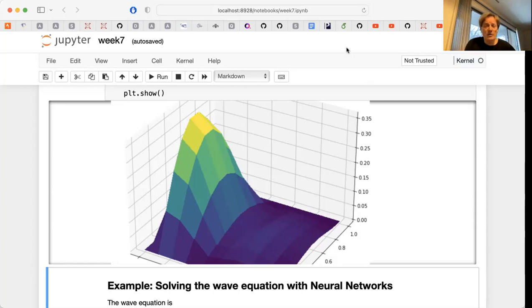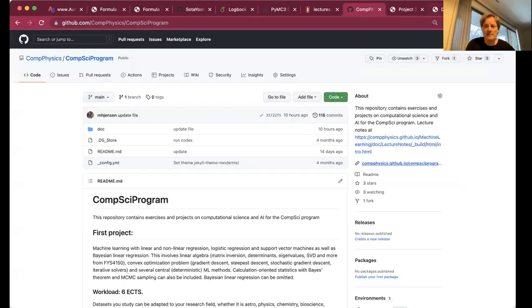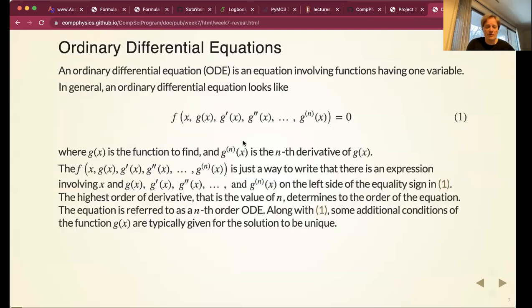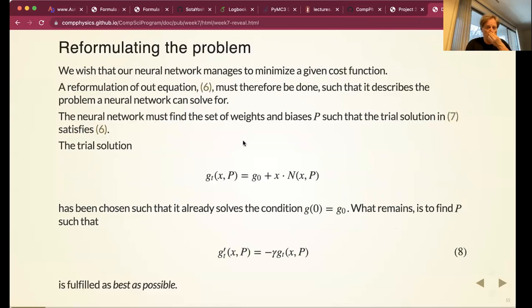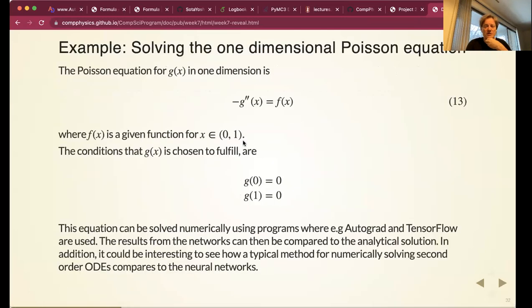So what I'm going to do now is just to switch back a little bit to my slides, and then we are going to look at the basics of a convolutional neural network. So let's just bring up the slides here. Let me go through the slides and pass the topic which has to do with partial differential equations.